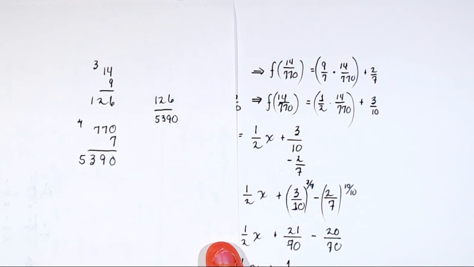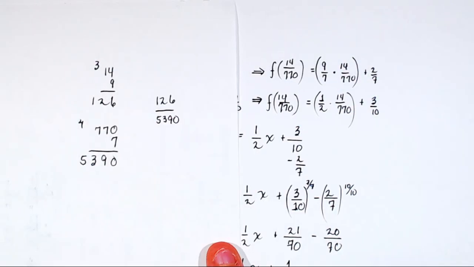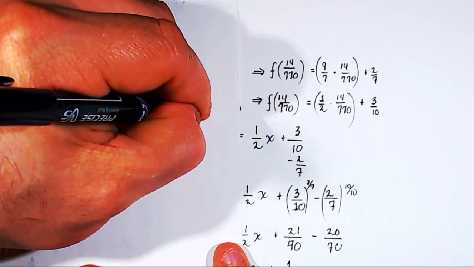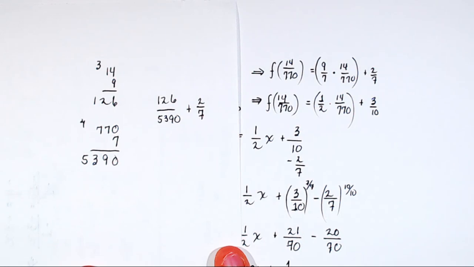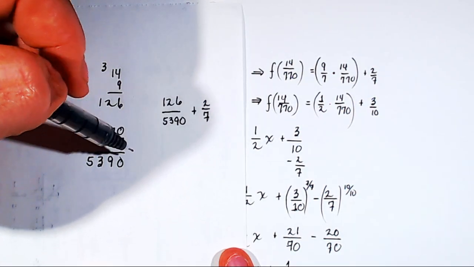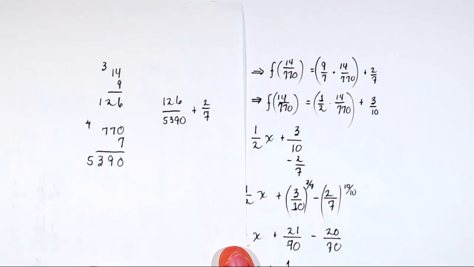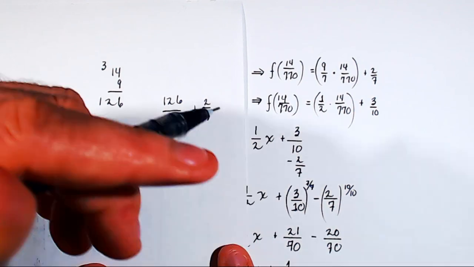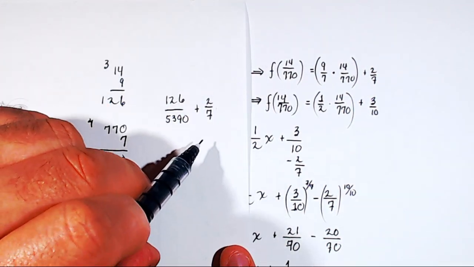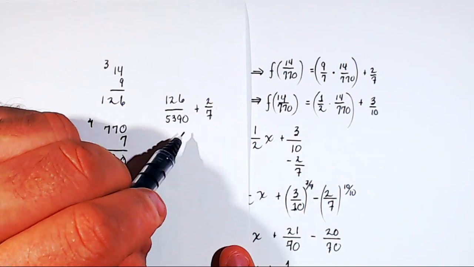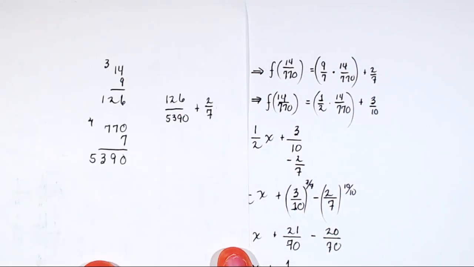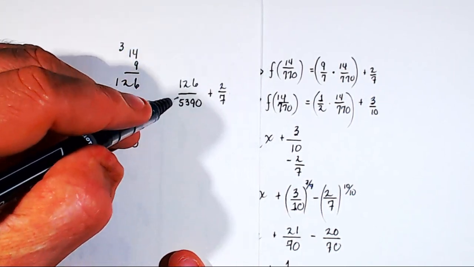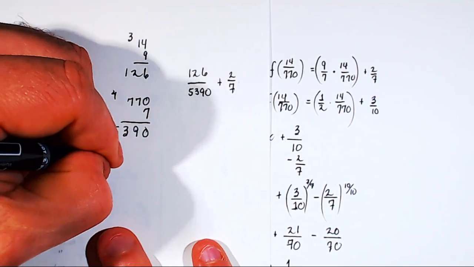Okay, that's what I'm going to put there, plus 2/7. Well, I need a common denominator between 5390 and 7. There might be a common denominator that is 7 times 5390. 7 is a prime number, so there's no lower common denominator. I'll multiply 7 times 5390.